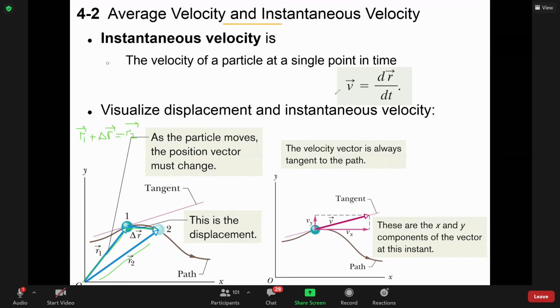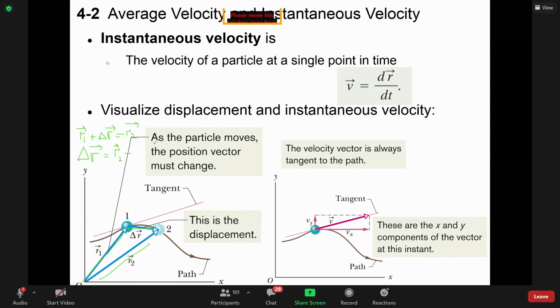So it looks like I add the vectors R1 plus delta R, and the summation of these two vectors is a vector called R2. Then you just arrange: put delta R on one side, take R1 to the other side, and you get delta R equals R2 minus R1.